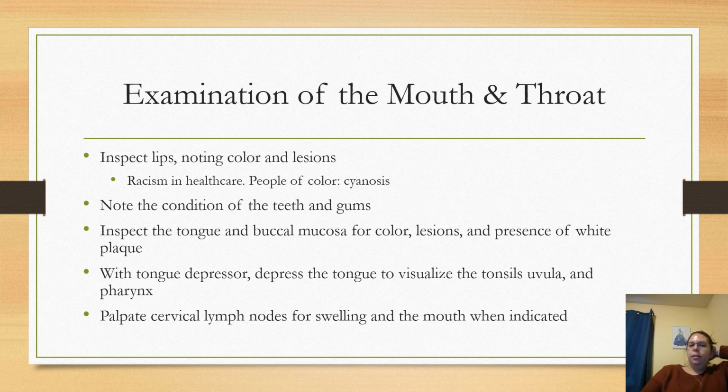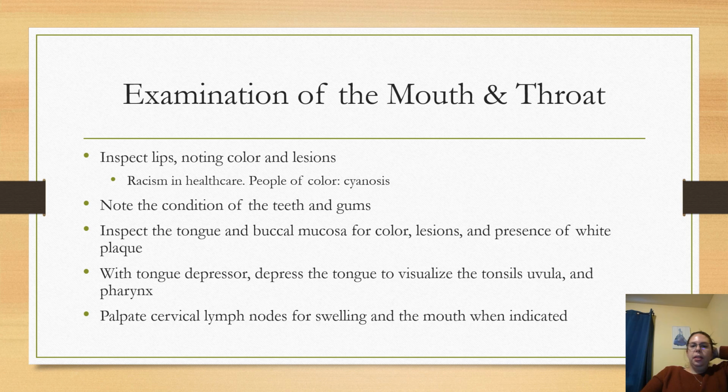So just something to keep in mind. In your patients of color there are other options, like look back under their lip to see if there are any discolorations there. Okay.